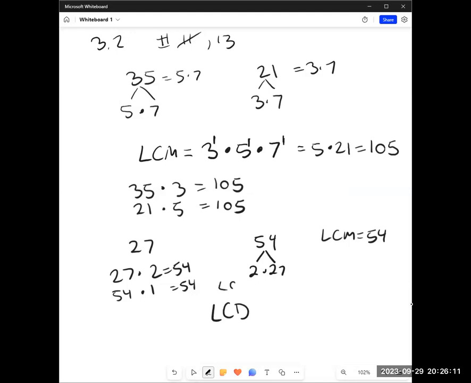An LCM is a least common multiple, and an LCD is a very similar concept. We use the same process to find the LCD as to find the LCM. It's just an application of this idea. It is the least common denominator.